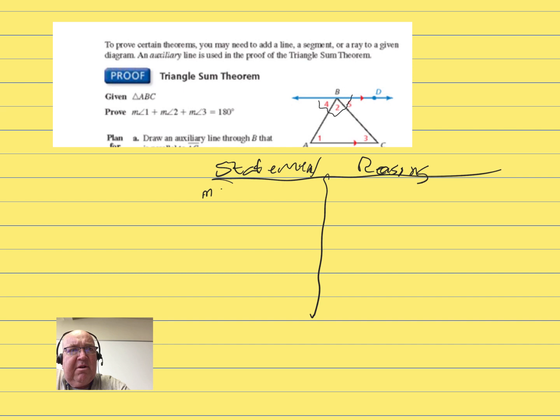So the measure of angle 4 plus the measure of angle 2 plus the measure of angle 5 equals 180 degrees. And that is the angle addition postulate, and it adds up to be a straight angle.